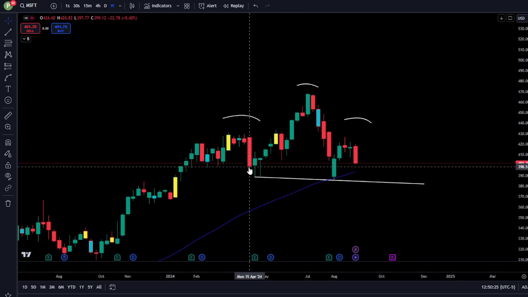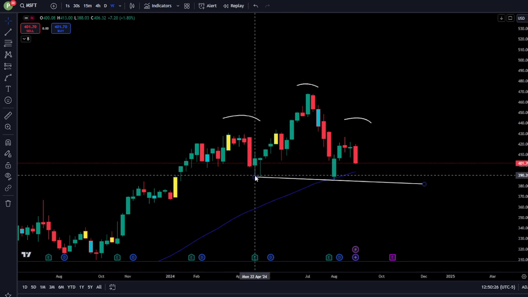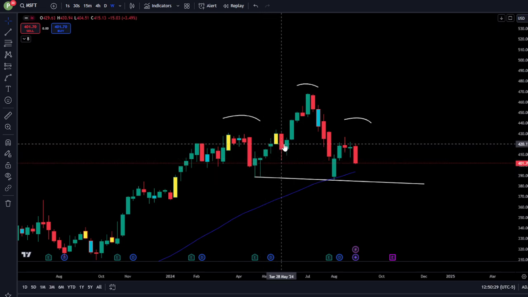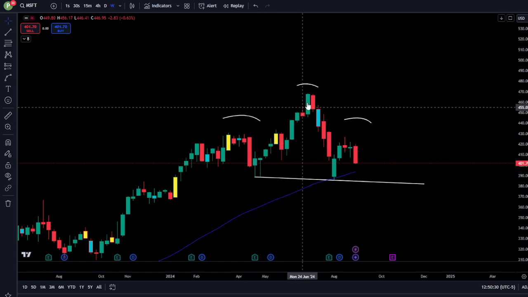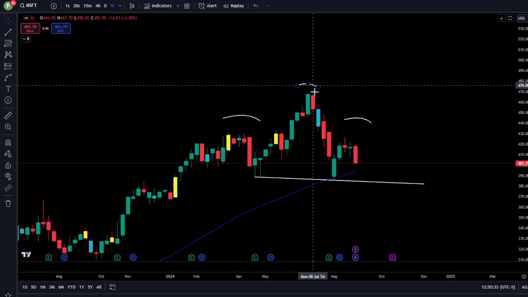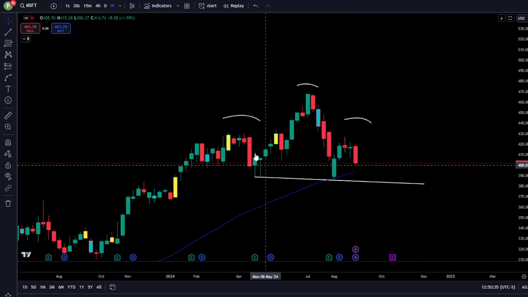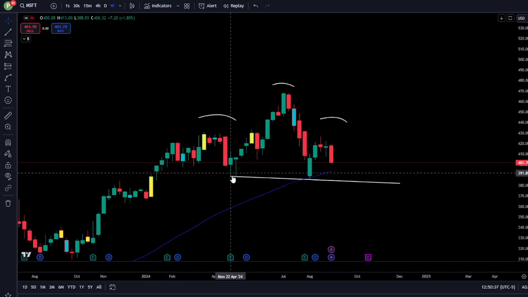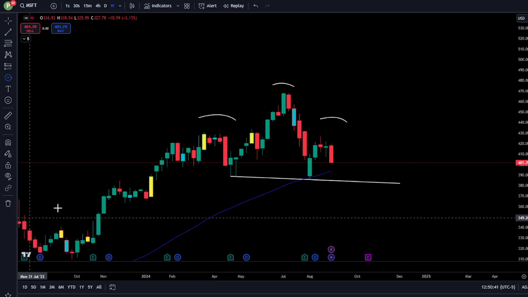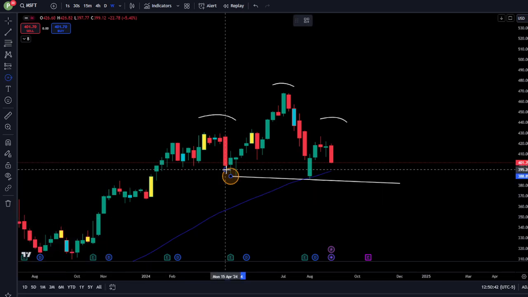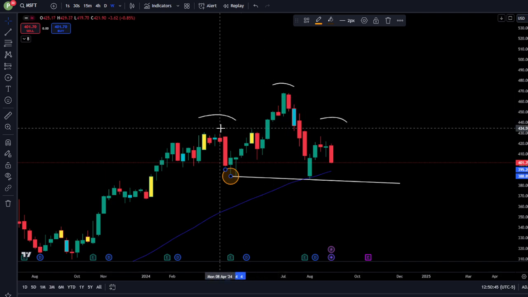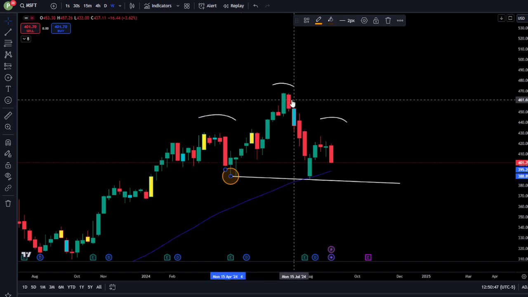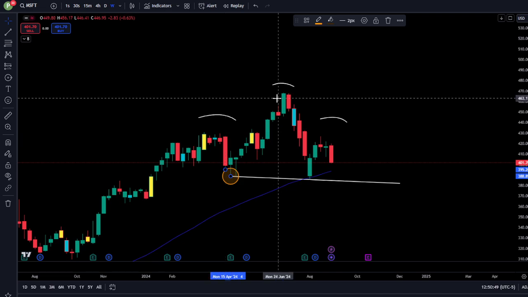So we declined here and then we start to gain enthusiasm. Investors gain enthusiasm, and then we peak and then we decline back to the previous low. Interesting. So the previous low is right here. So this will constitute a shoulder and a head so far. So far we're following the rules of Schwab.com.